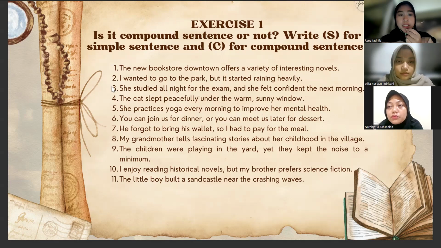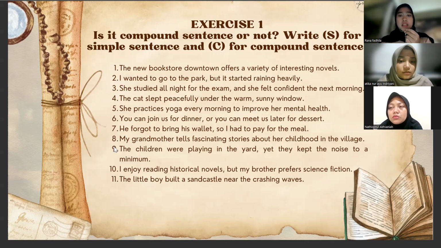Number four is a simple sentence because there is no coordinating conjunction. Number five is also a simple sentence because it has no coordinating conjunction. And number six is a compound sentence. Number seven also, and number eight is a simple sentence.